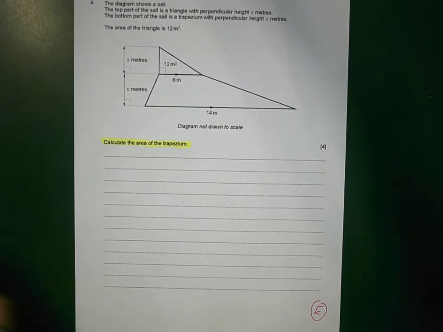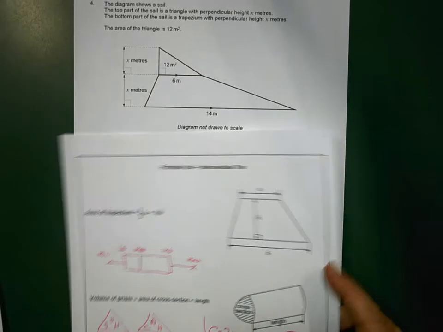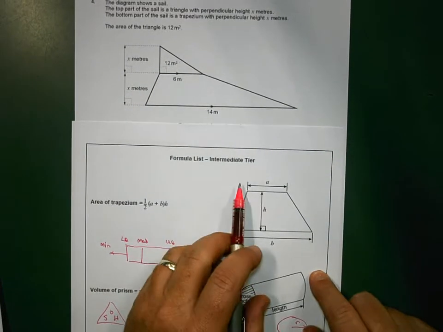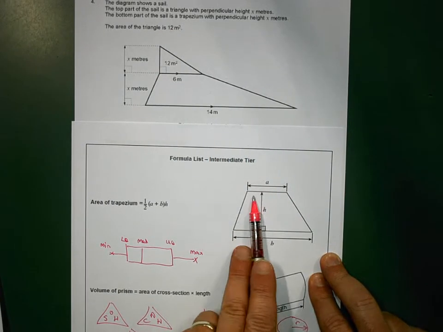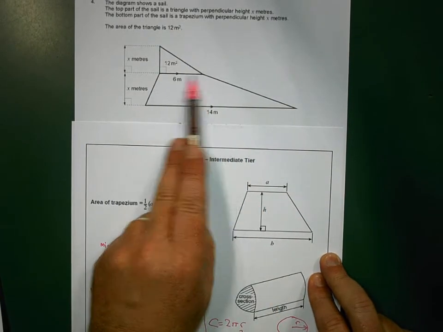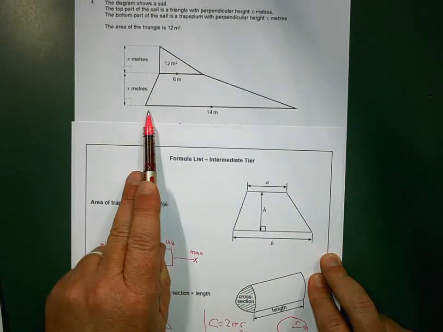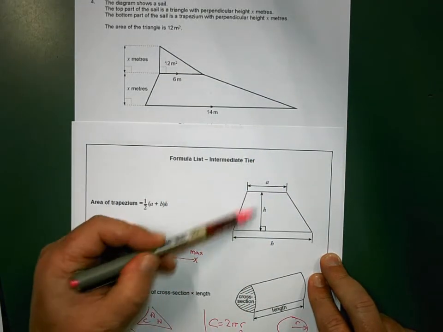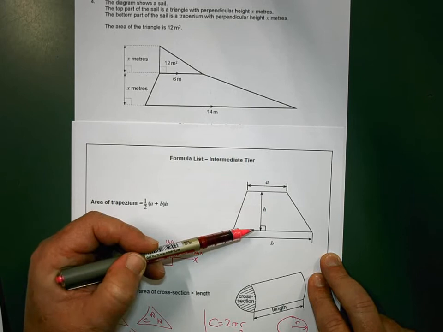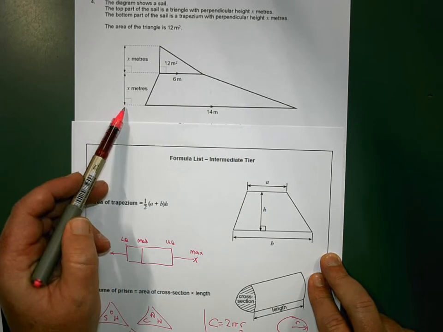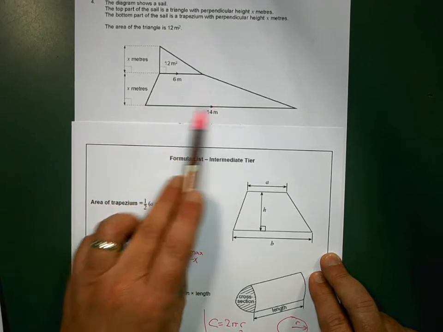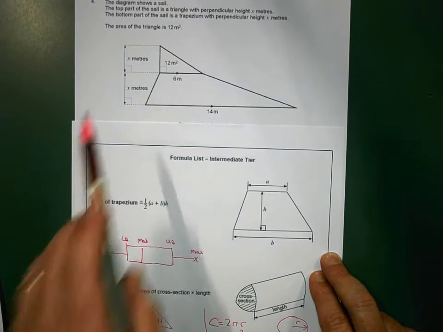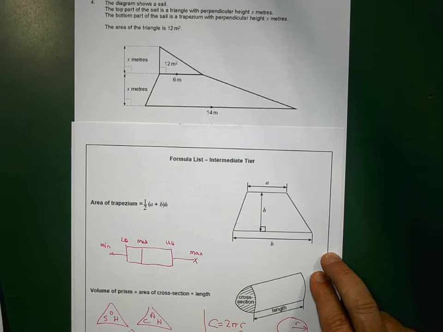Now, in order to work out the area of the trapezium, I need to know what the parallel sides are, how long they are, and I do. I know that one is 6 and that one is 14. But I also need to know what that perpendicular height is, and I don't. It's x. So before I can answer the question with the trapezium, I've got to somehow get that information on x.